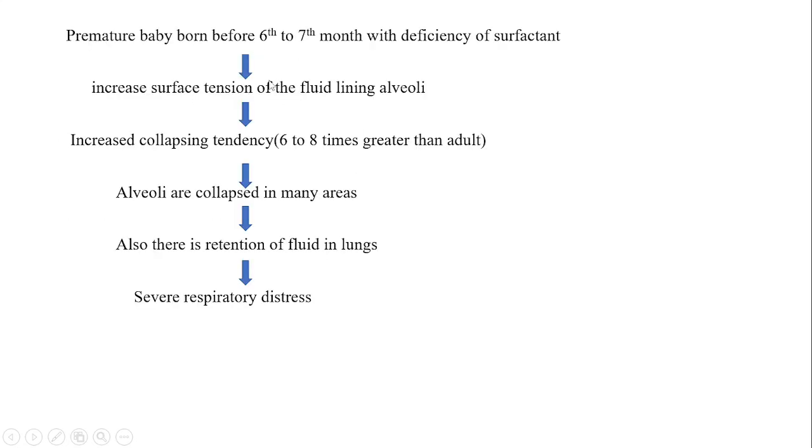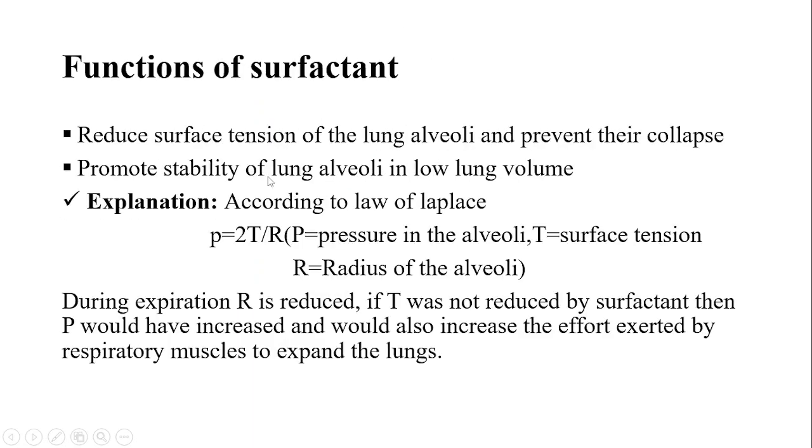So this is the mechanism. If the baby is born before the age when surfactant begins to be secreted, the surface tension of the fluid lining the alveoli will increase, and it will increase the collapsing tendency about 6 to 8 times, and alveoli actually collapse in many areas, especially during expiration. If we recall the law of Laplace, P is equal to 2T by R, where R means radius.